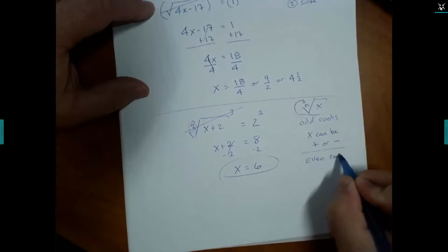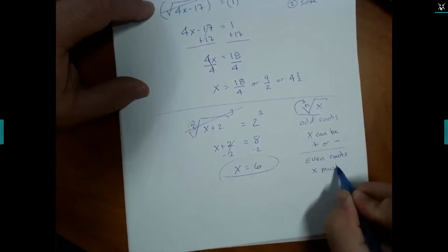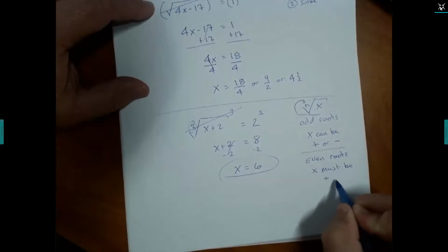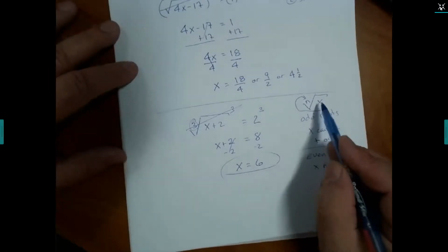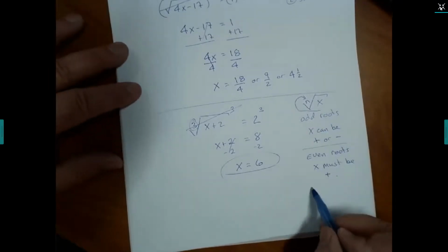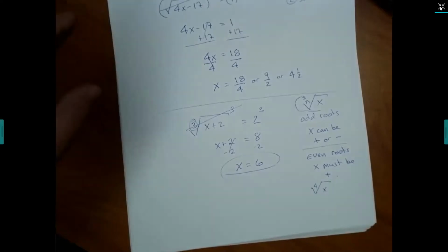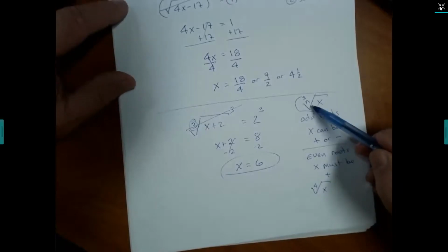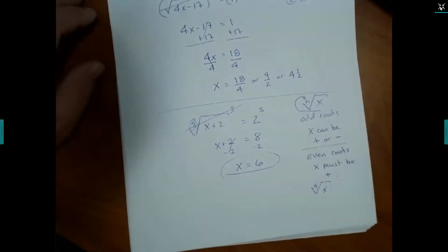Even roots, X must be positive. So whatever's inside the radical, if it's a square root, or say it's a fourth root, whatever's inside there has to be positive. If the root is odd, like 3, 5, 7, 9, then inside there it can be positive or negative. It doesn't matter.